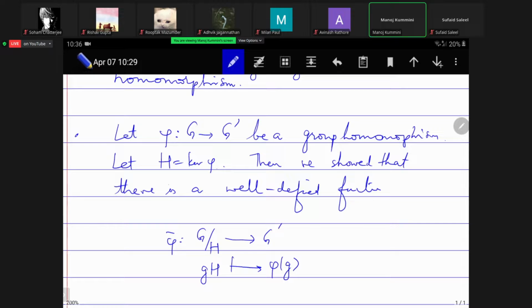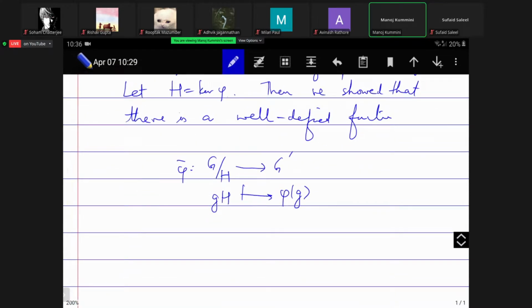So this is what we showed, a well-defined function.